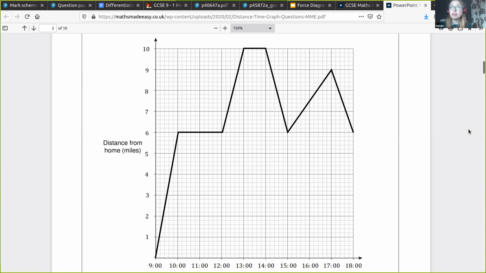What this means is that any horizontal sections, any flat sections on a distance time graph are when something is motionless, when it's still, it's stationary.